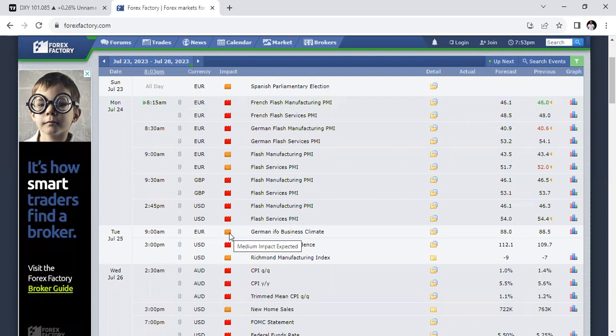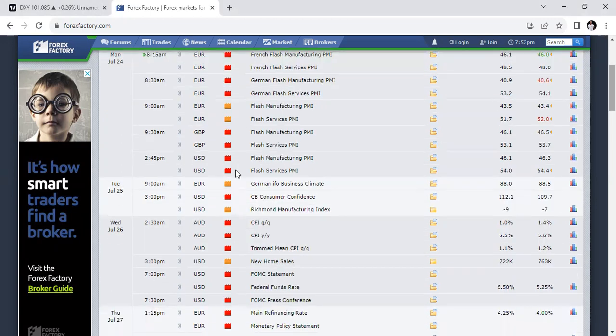The orange folders are not as volatile as the red folder news, but you still need to be careful. You want to take note of that. Then on Tuesday at 3 p.m., we'll have red folder news for the USD.